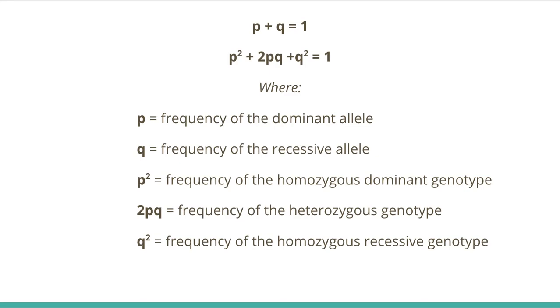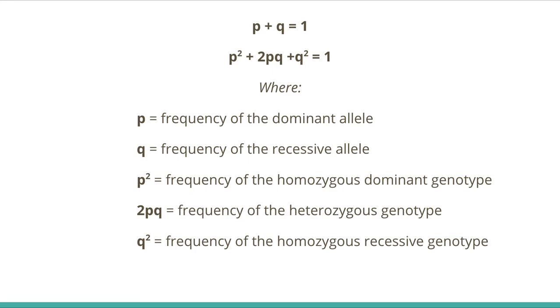So what all of these variables represent is p and q are the allele frequencies. P is of the dominant allele and q is of the recessive allele. Then p squared is the frequency of the homozygous dominant genotype. 2pq is the frequency of the heterozygotes, because remember, you could get the heterozygotes in two different ways.